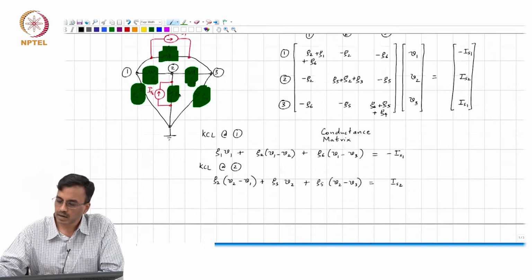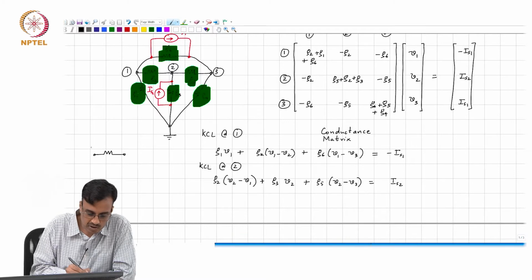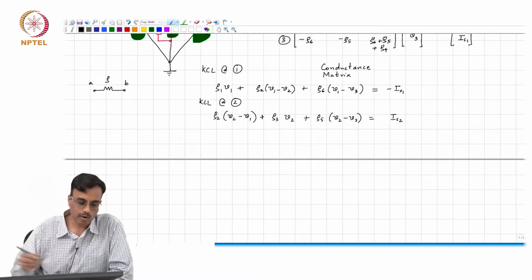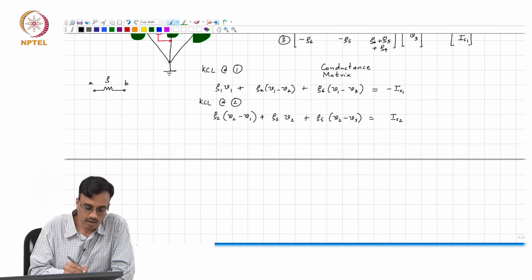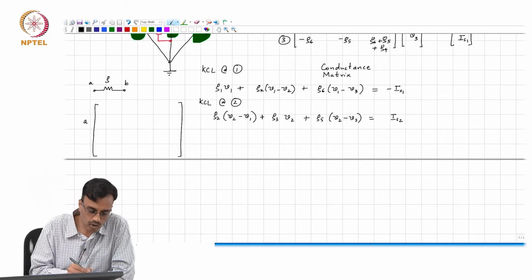If you see a conductance between two nodes A and B, and let us call this G, what comment can you make about the G matrix? So, we have the G matrix, the conductance matrix. It has the A th row, the B th row, it has got the A th column and the B th column.